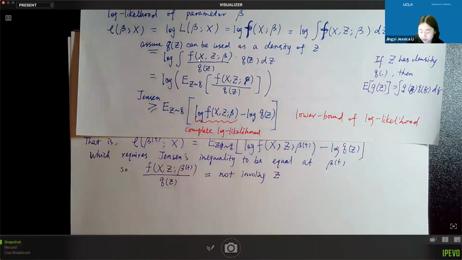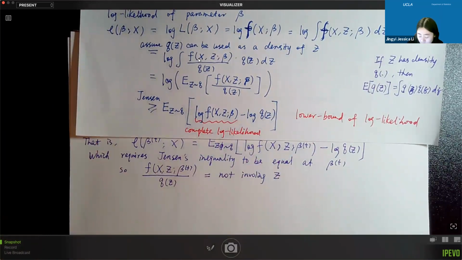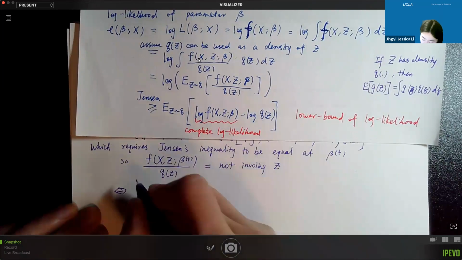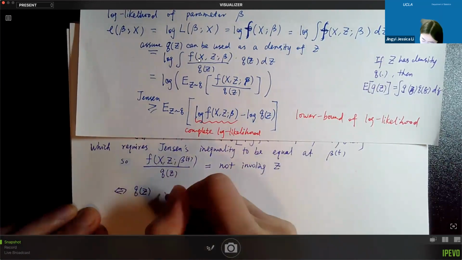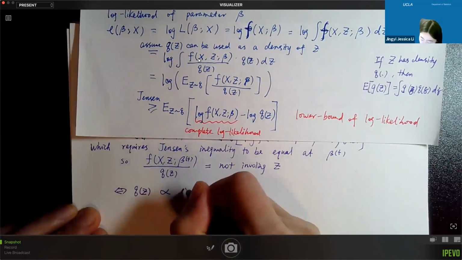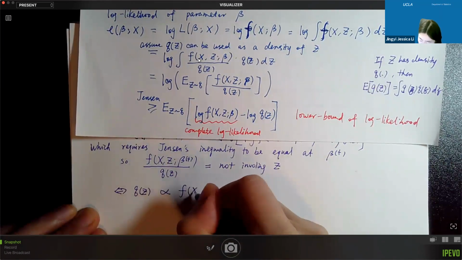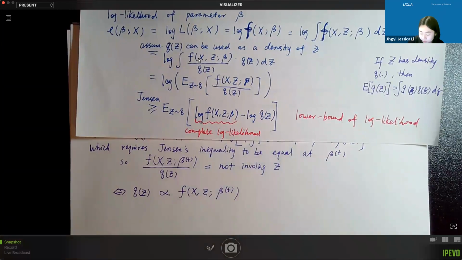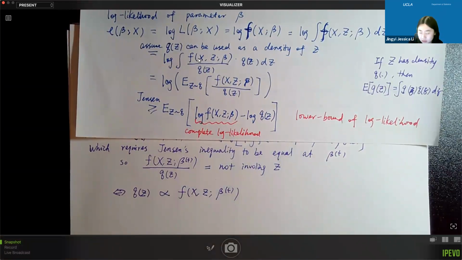So z needs to be gone. So this suggests that we can write q(z) to be proportional to f(x, z) given beta t.